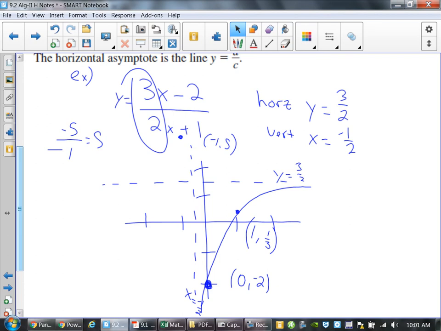And try it at -2. If I do it at -2, you get 3 times -2, which is -6 minus 2 is -8. Then I have -4 plus 1, which is -3, so 8/3. 8/3 is 2 2/3. So it's coming over this way.